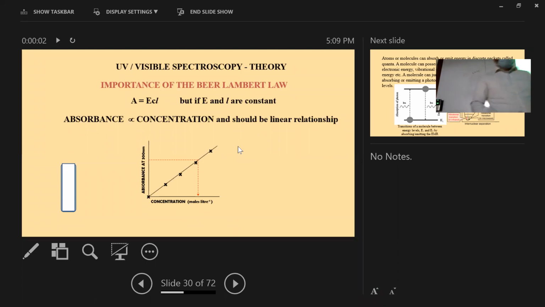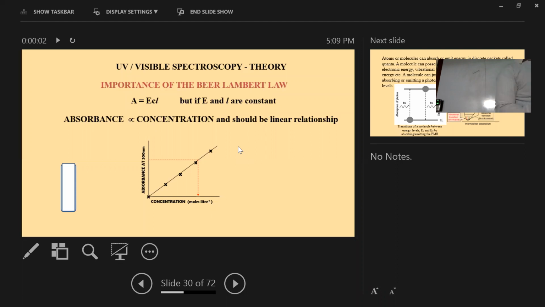Now you have a certain sample, you do not know the concentration. Then what will you do? Already you have prepared this type of standard curve. Now, if you have a sample and you take the UV visible spectrum, then you will know the absorbance from your instrument.